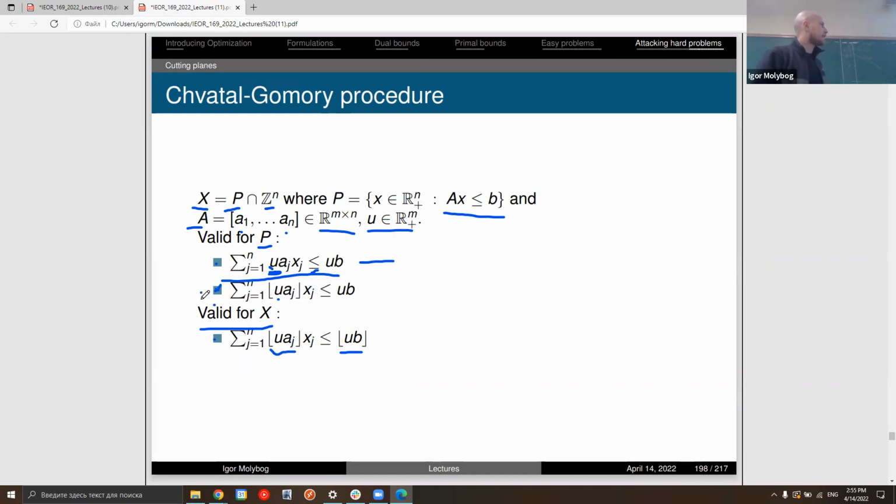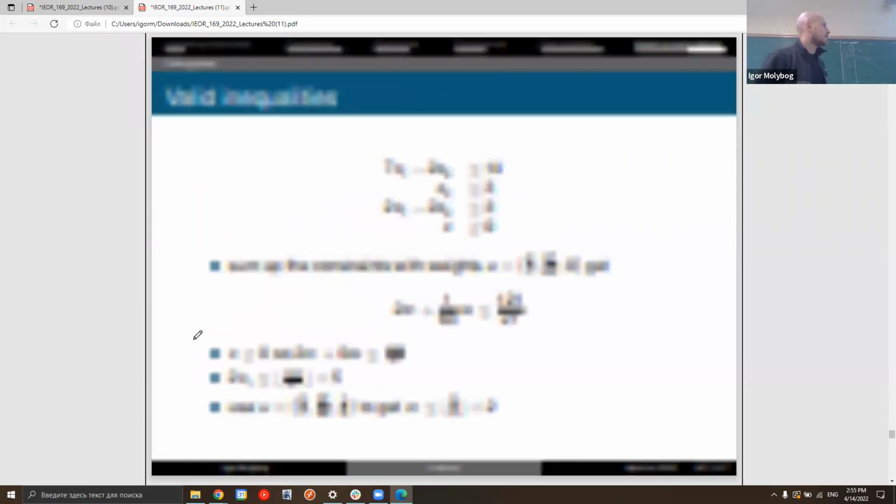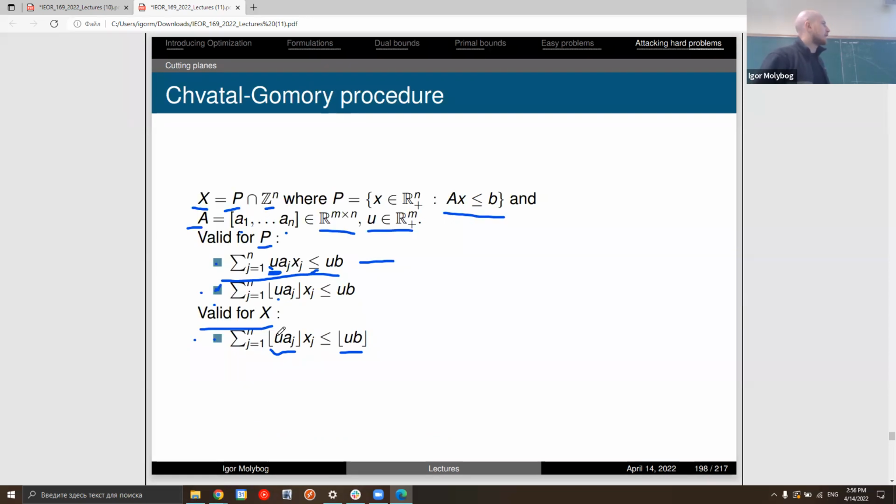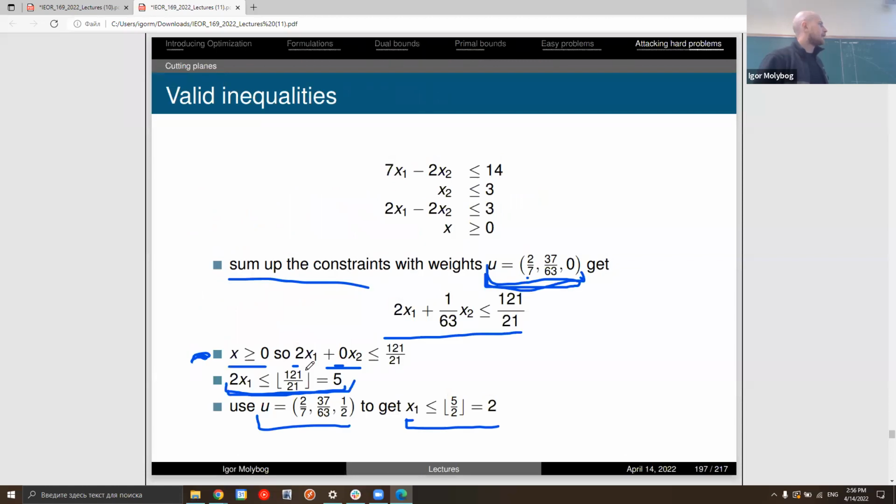Now, regarding the second and the third inequalities, let's take a look at this example here. Here we have used the second inequality because we have floored this 2 and this 1 over 1/63. We have floored them both.